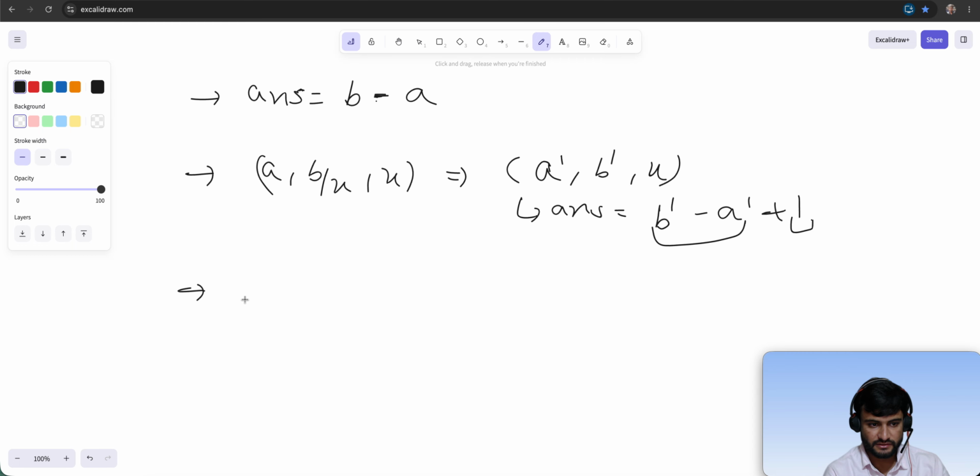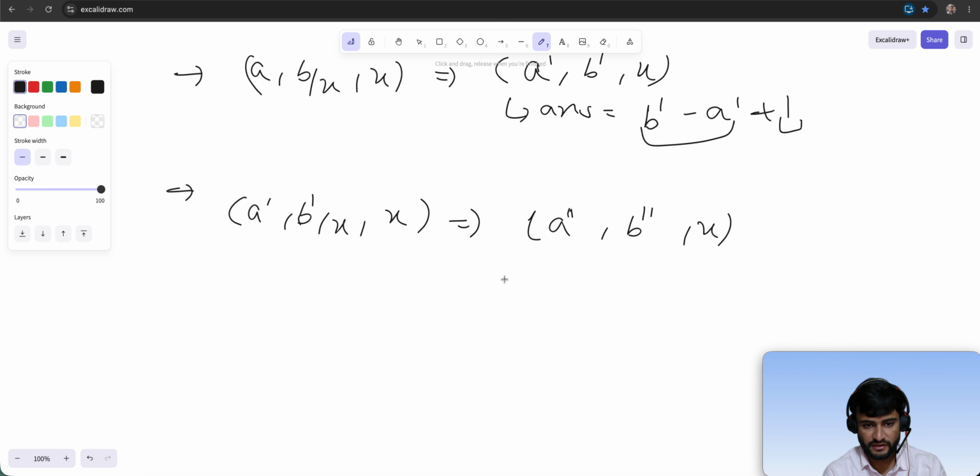Take another case. You will again divide the maximum element, that is b dash by x. So in this case your values will be a dash, b dash by x, and x. The new values will become a double dash, b double dash, and x. Assume b double dash is greater than a double dash, otherwise we will swap them.